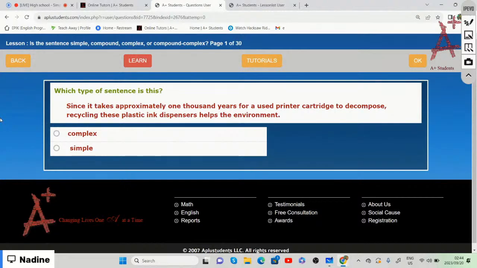Is this a complex sentence or a simple sentence? So is it a simple or complex sentence? Since it takes approximately 1,000 years for a used printer cartridge to decompose.